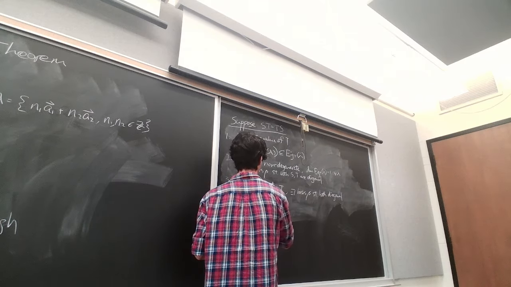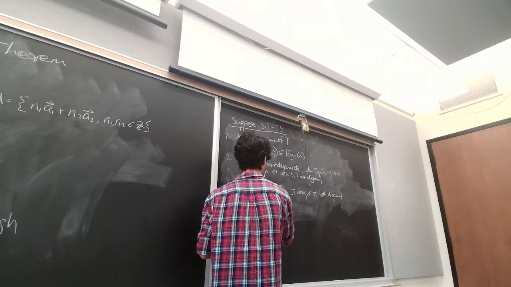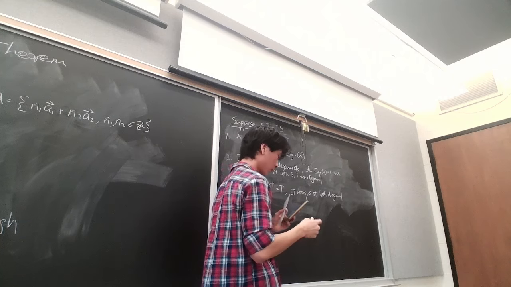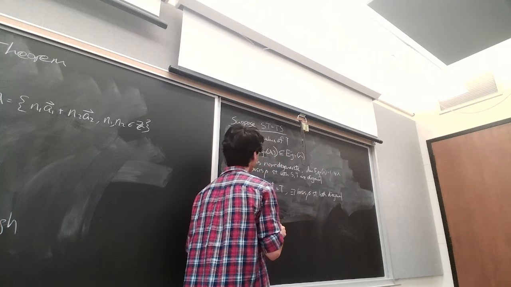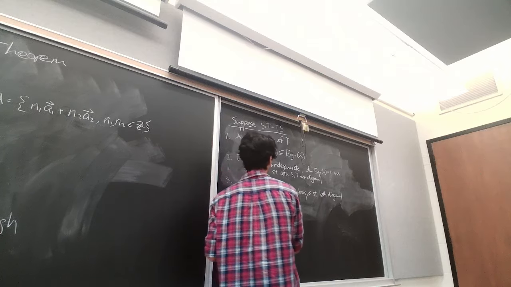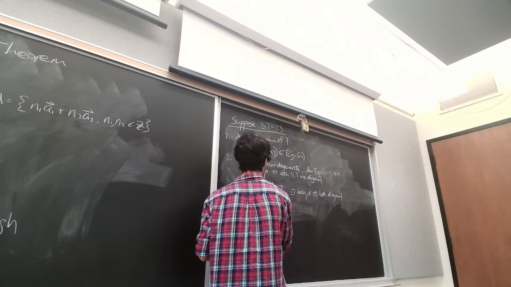Let's do T. Let's apply it to T. We look at the eigenspace of T for some lambda_i, and then we can consider the restriction of S on this space.